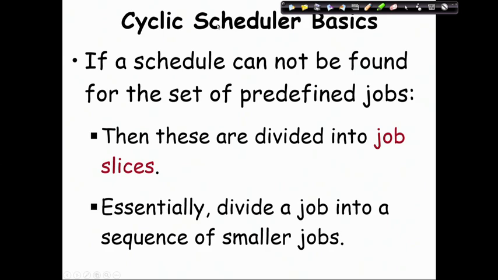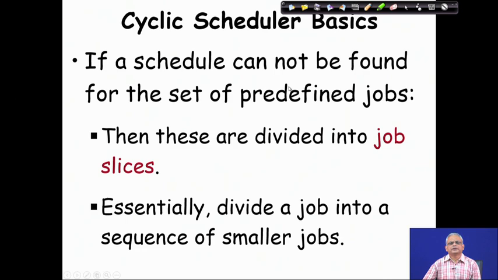But as we take examples and explain the methodology, we will find that it may be possible that with a given set of tasks and task periods, we may not be able to find a frame size and assign tasks to frames.